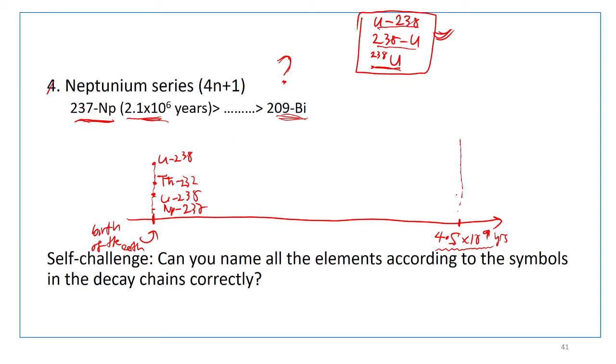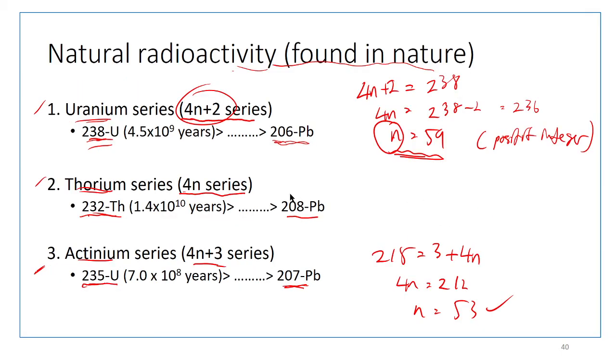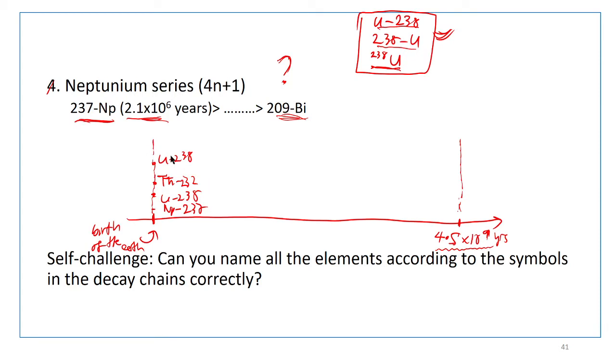If you consider the beginning of time to the present time, the half life of uranium 238 is about the present time.